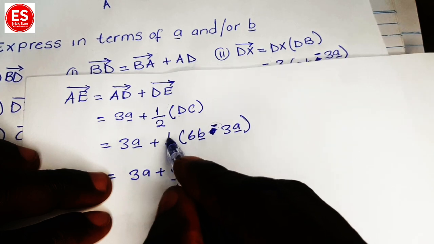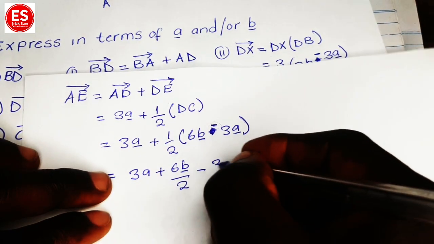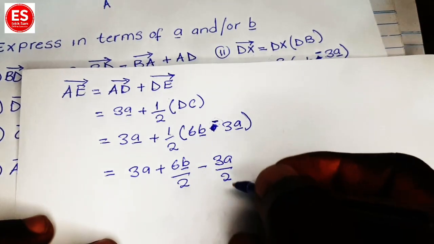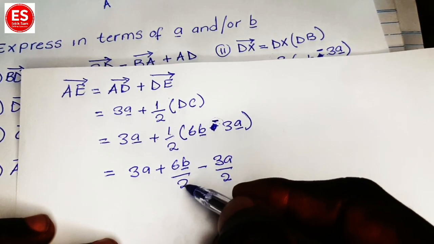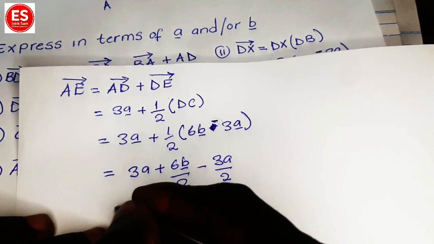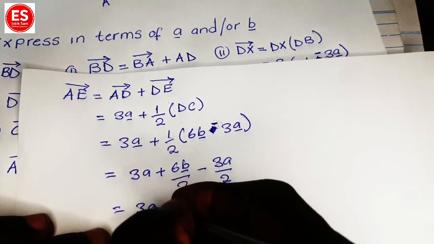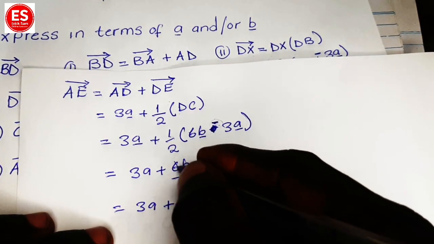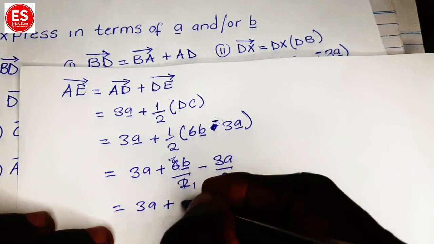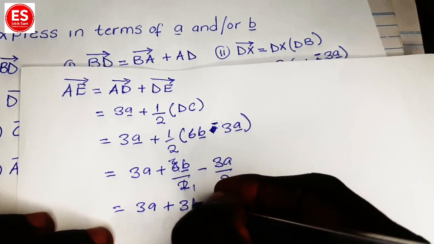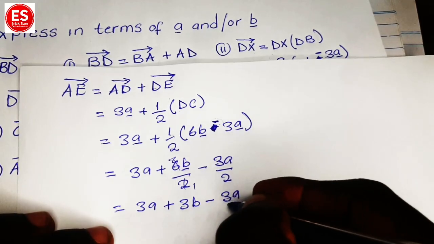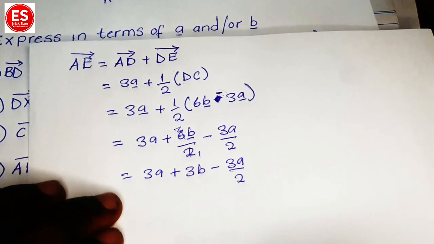So 1 times 3, so it's 3a over 2, right? Okay, now here you know that you can simplify this. 2 can go into that. You're going to say 3a plus this one into that 1 here, 3. So here it's 3b minus 3a over 2, right?